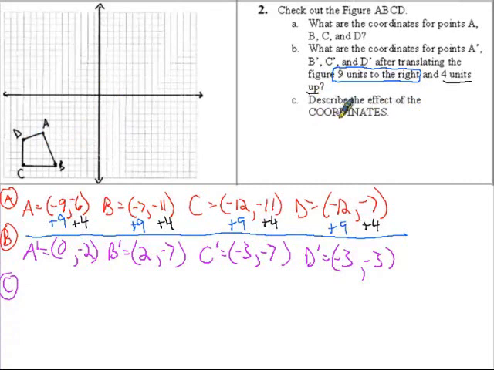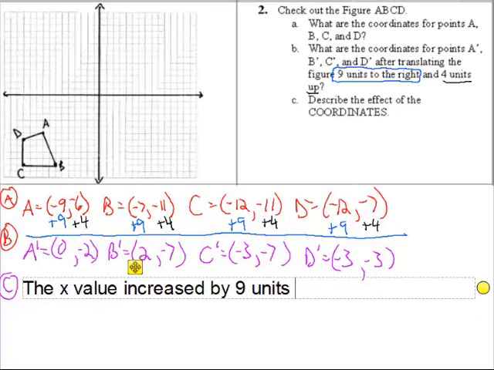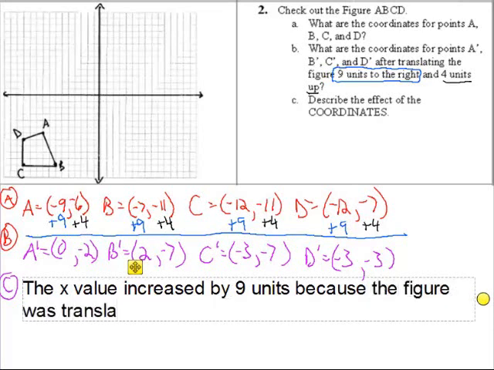So in this case, it's going to look very similar to the last number 1C that we had. And I would say the x value increased by 9 units because the figure was translated to the right 9 places, or something to that effect.